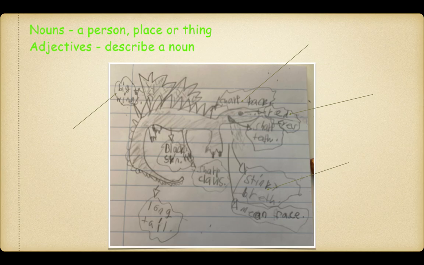So her dragon has a stinky breath, probably because he's been eating lots of disgusting things. Well, even at the bottom, she's got a mean face. Face is a name of a thing, and mean describes the personality of the dragon, what they're like on the inside, which is very, very good.